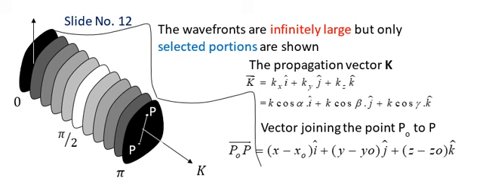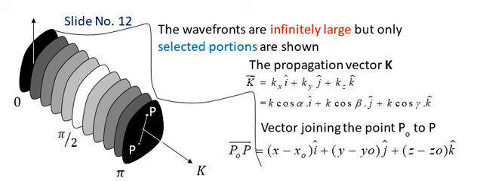We have shown 2 points, P0 and P, in the figure. The lower one is P0 and the upper one is P, and we can join these 2 points. The vector joining the point P0 to P will be perpendicular to the vector k.